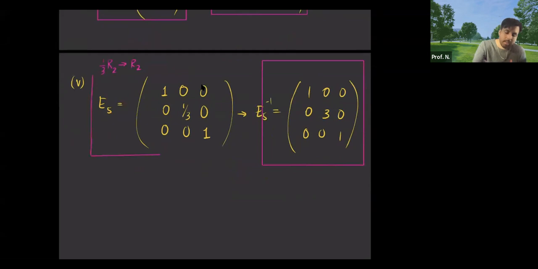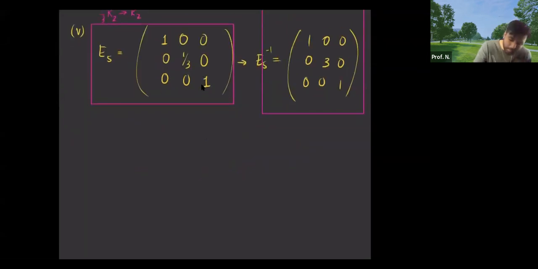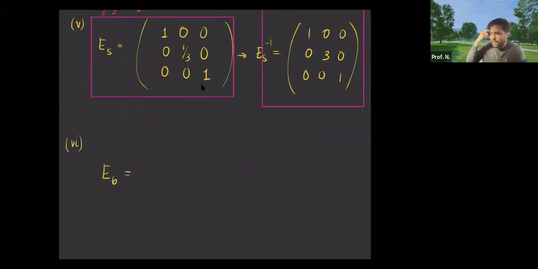All right, next we have E6. E6 multiplies the third row, 3x3 again. This multiplies the third row by -4. So take the third row and multiply it by -4. And so this becomes 1, 1, -4, 0, 0, 0, 0, 0, 0.